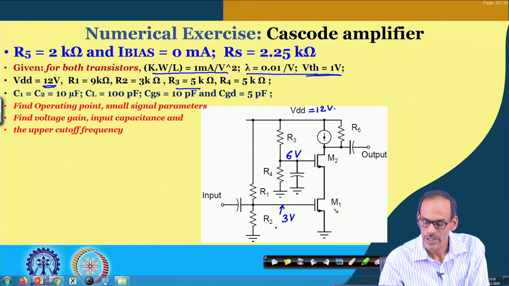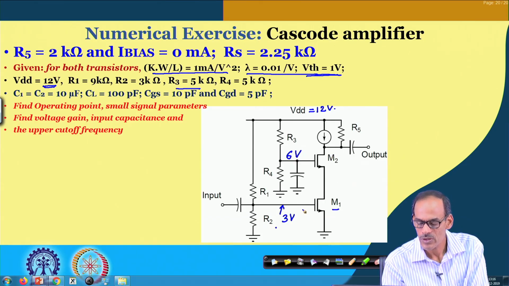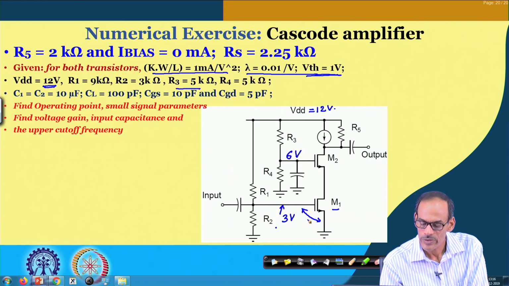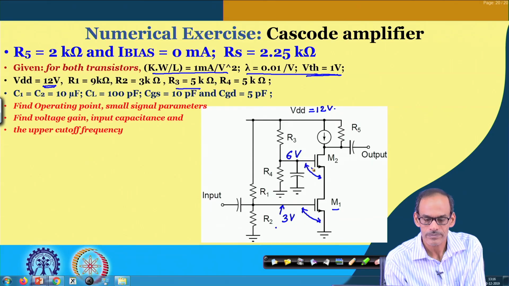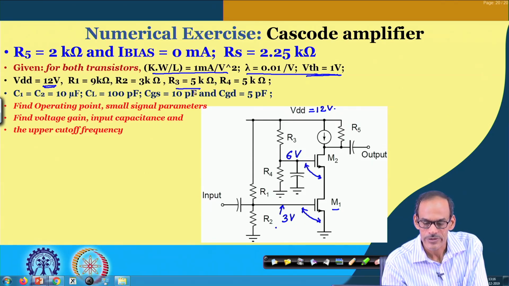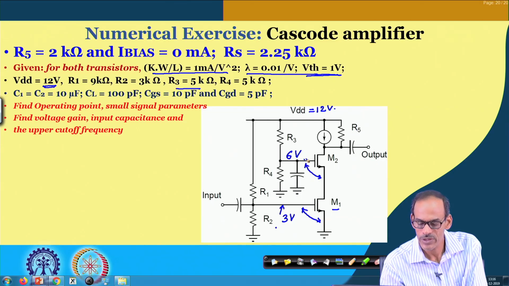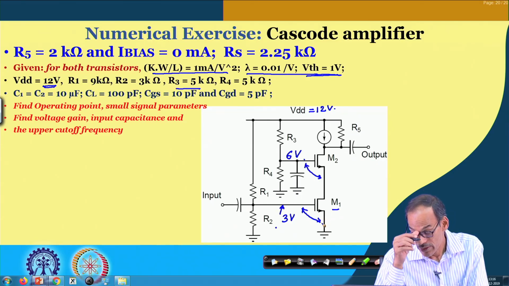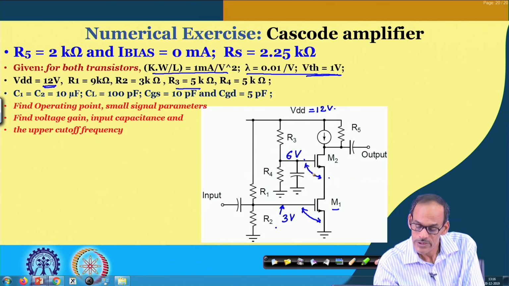Since the size of both the transistors is equal and VTH is also equal, we expect both the devices to have equal current. So naturally the VGS here and VGS here should be equal. We have 6 volt here, 3 volt here, and so this is also 3 volt.